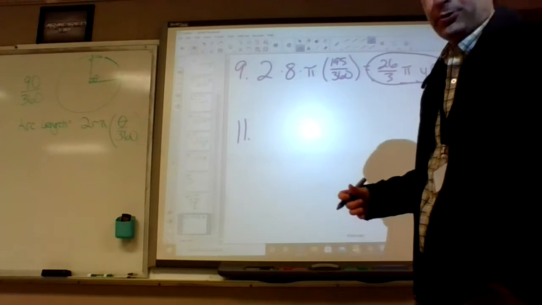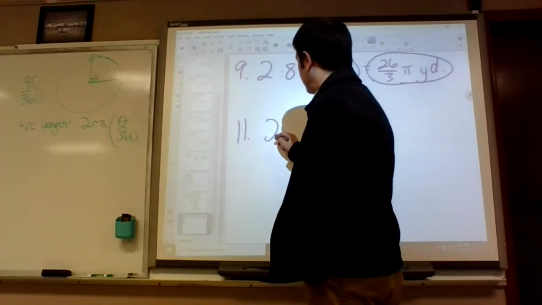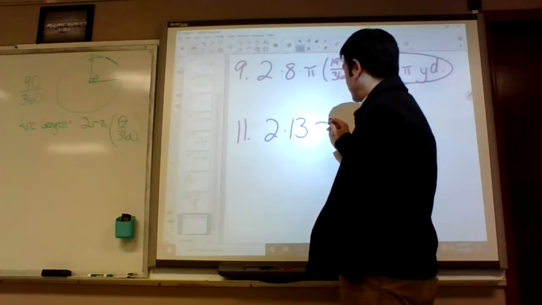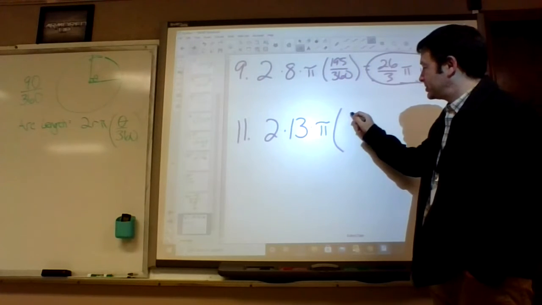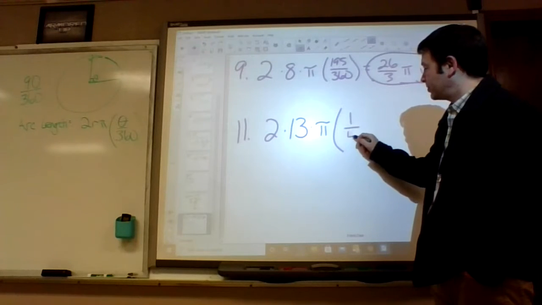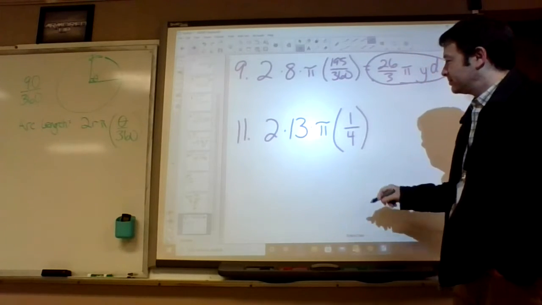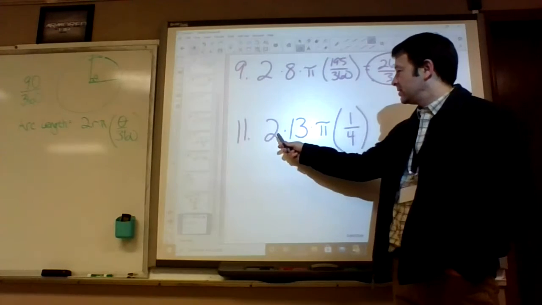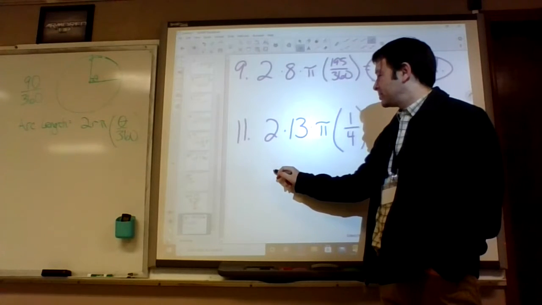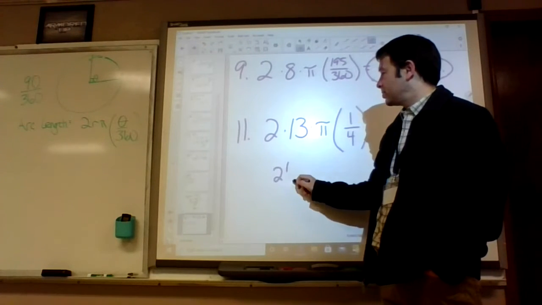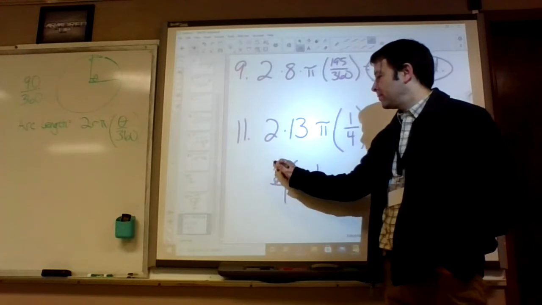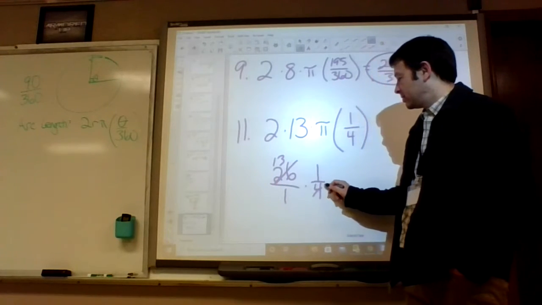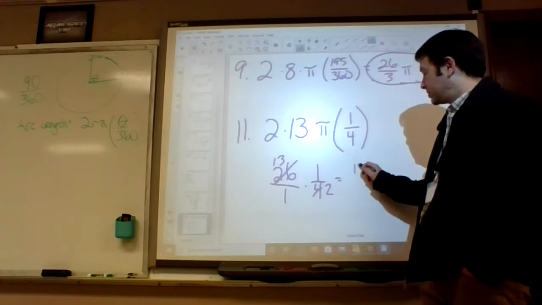So it's 2r pi, so 2 times 13 times pi times the fraction, which is 90 out of 360, or we could reduce that to 1/4. 2 times 13 is 26, times 1/4 is 13/2.